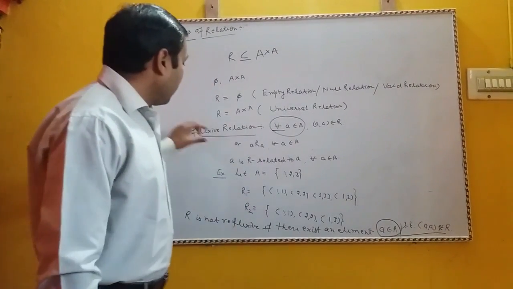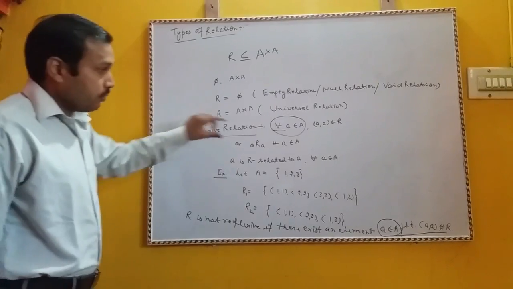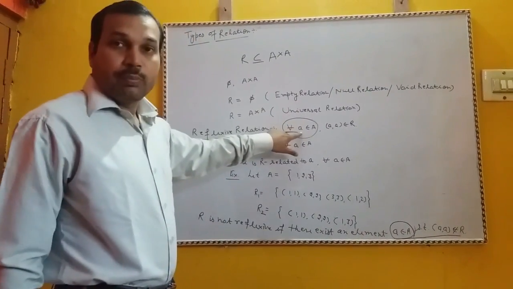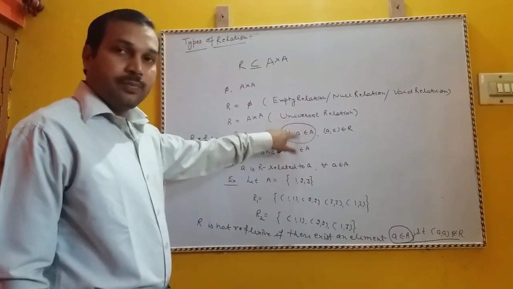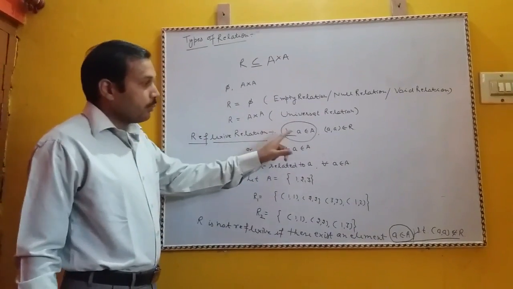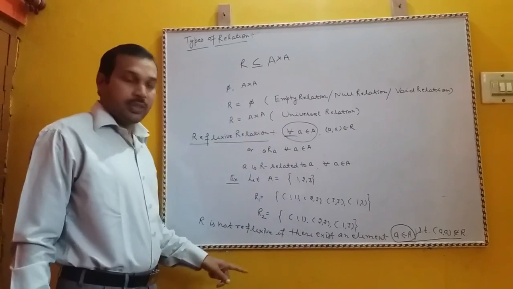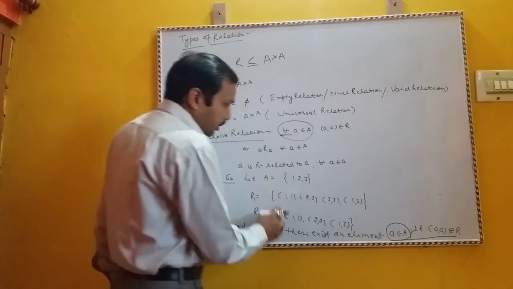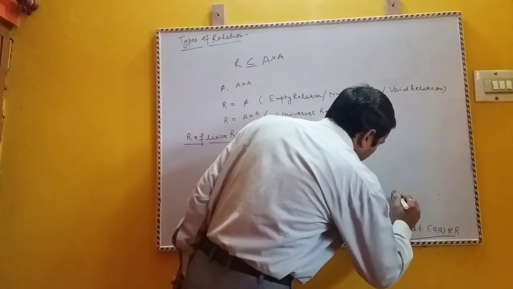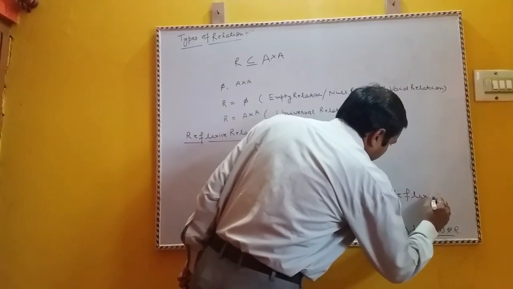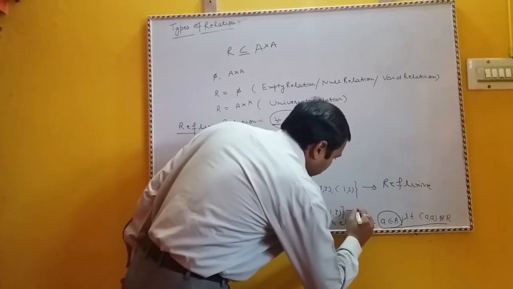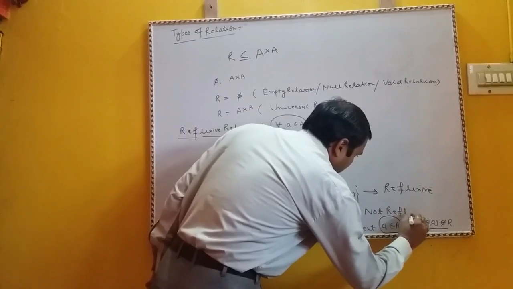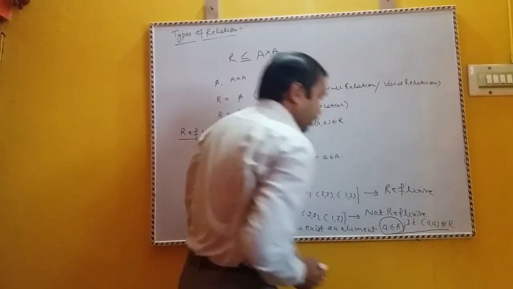So important point in reflexive relation is for every. For every, it means every element of A must have a mirror image. Clear? If any element of A does not have a mirror image, then it is not reflexive. Clear? This relation R1 is reflexive, and this R2 is not reflexive.